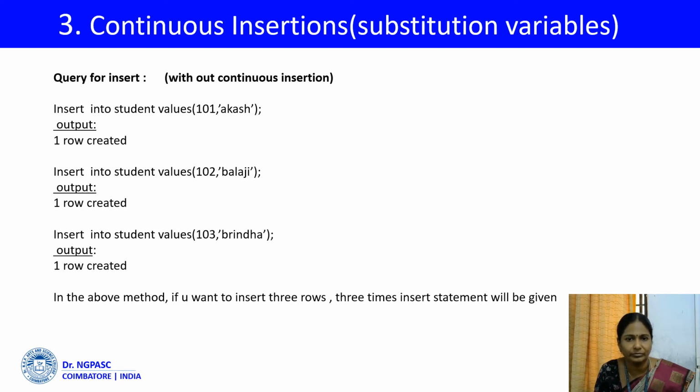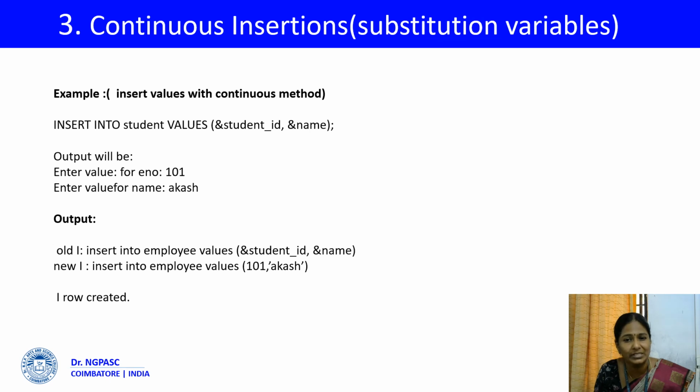student. With continuous insertion, only one single insert statement is enough to insert more than one record into a database table. That is, insert into table name values, ampersand of student ID, comma, ampersand of name. Automatically the cursor asks the user to enter the values for the fields student ID and name.